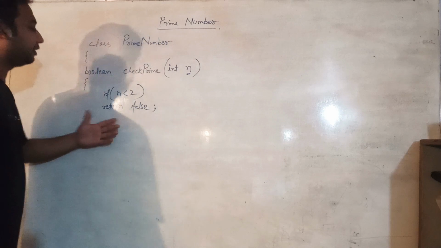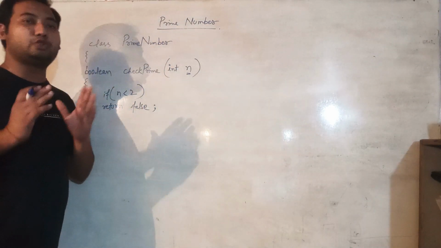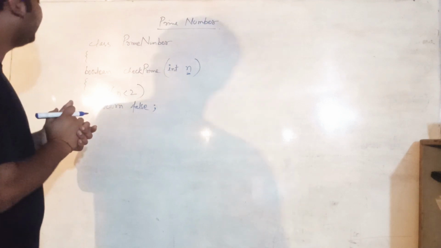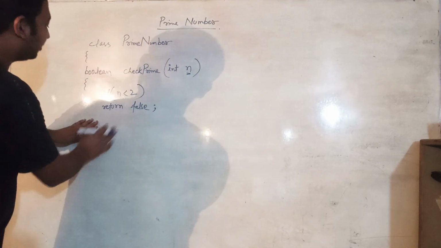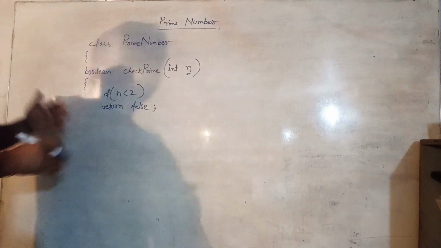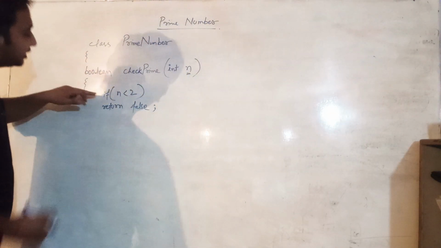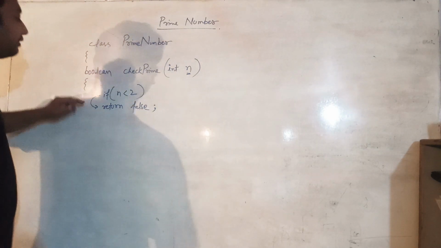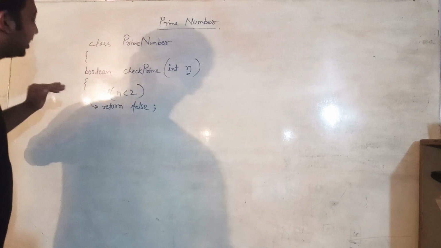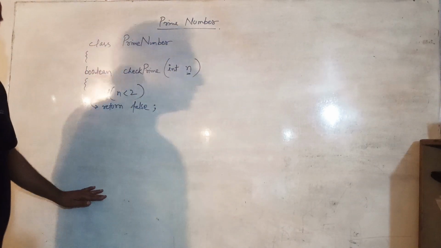This function will not execute further, and it will be very useful for us. It will not take a lot of time. This will be the benefit. So return false. What happens if this condition is false? Obviously, if this condition becomes false, then this statement will not execute, and then we can check the other statements.